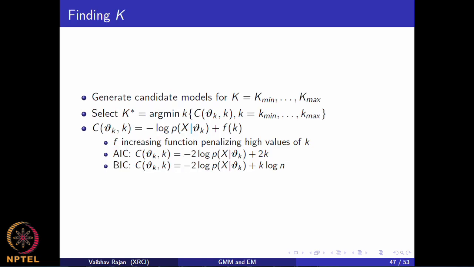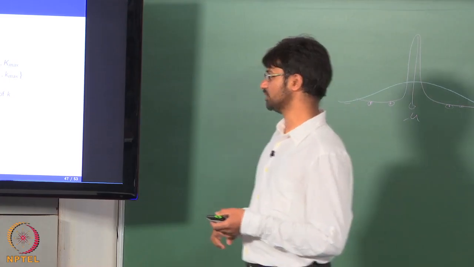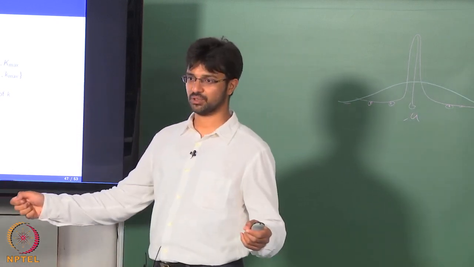So now, let us come to finding k. Till now we have assumed that we know the number of components, and how do we find k? There is no really good solution to finding k, and what statisticians usually prefer and what works well in practice is to generate many candidate models.